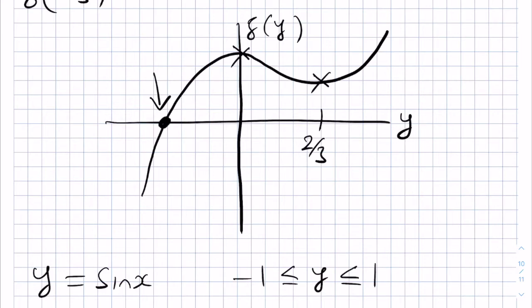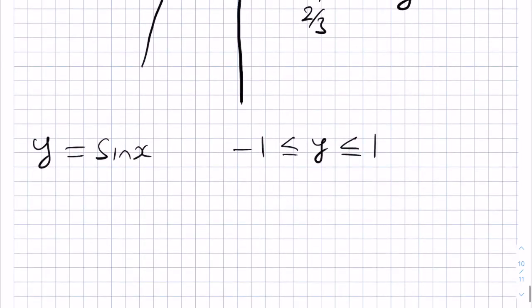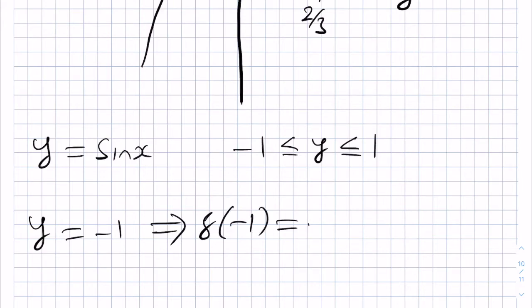We know that when y is 0, we have a value above the horizontal axis. If we look at, for example, y is minus 1, then we have f of minus 1 is minus 1 cubed minus minus 1 squared plus 1, which is minus 1. And this is underneath the horizontal axis.